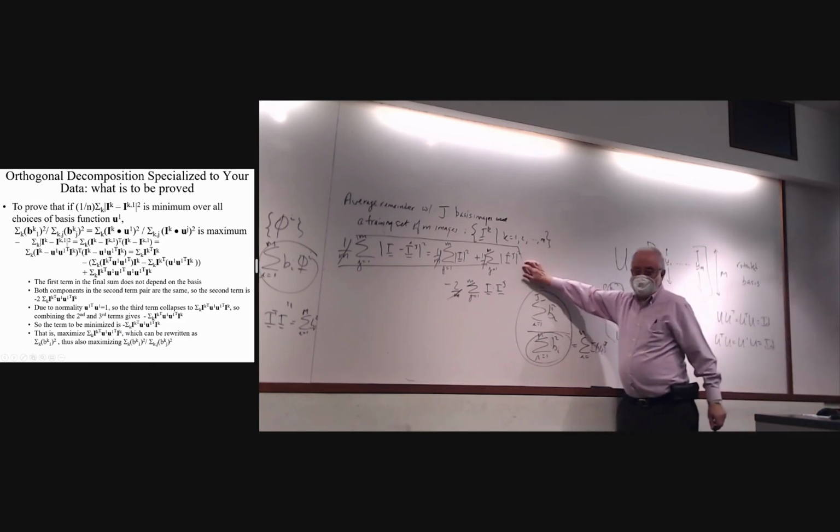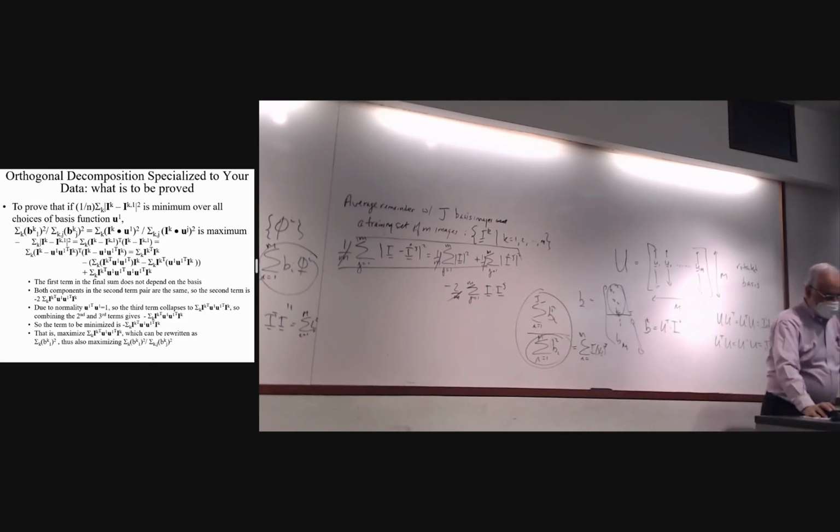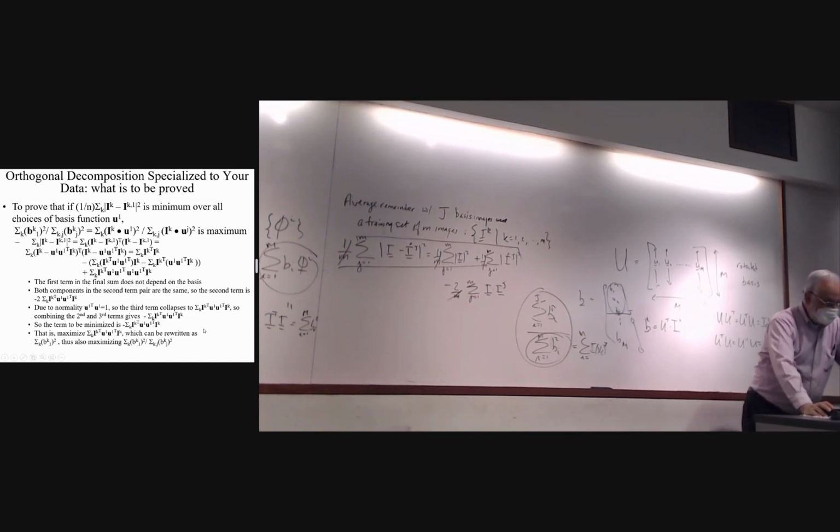This guy here says that what we need to minimize is the sum over all the training images IK of the dot product of IK transpose with U1 times the dot product of U1 with IK. But of course, because in a dot product the order doesn't matter, we can write this as IK transpose U1, all squared.